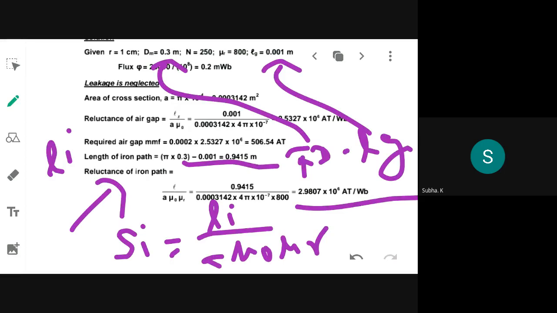Utkarsh is absent. Arun Roshan, yes, ma'am. Rahil, George, George and Piyush. Yes, ma'am.